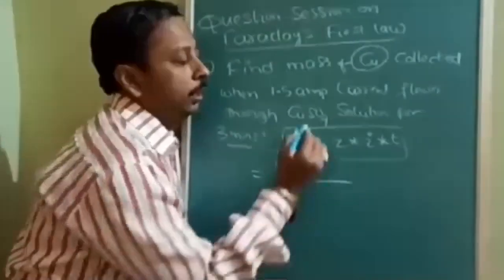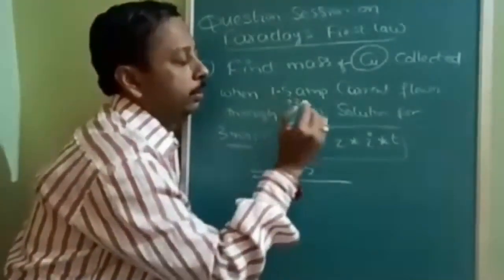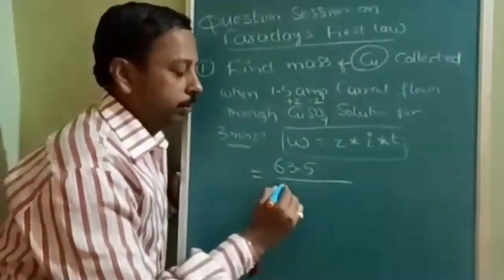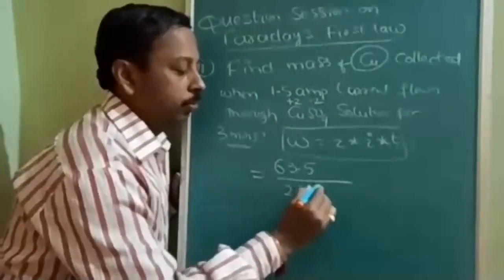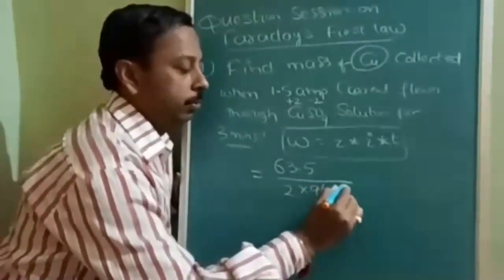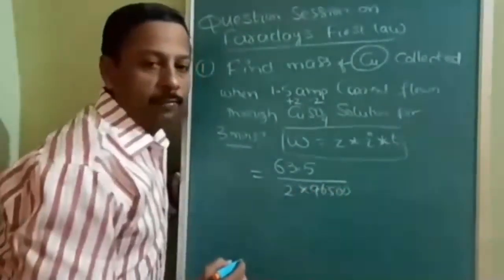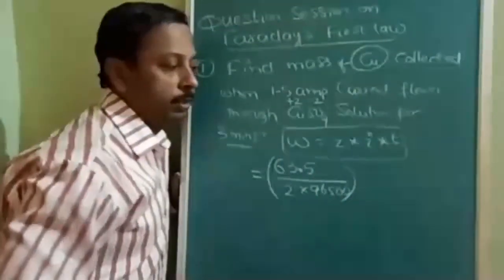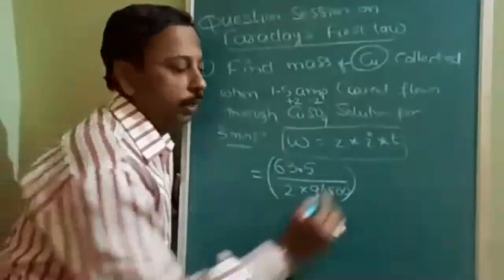Okay, and the equivalent factor here is Cu2+ and 2 electrons. Understood? So this will be divided by 2 into 96500. 63.5 is the molecular mass of the substance we wanted to find out.